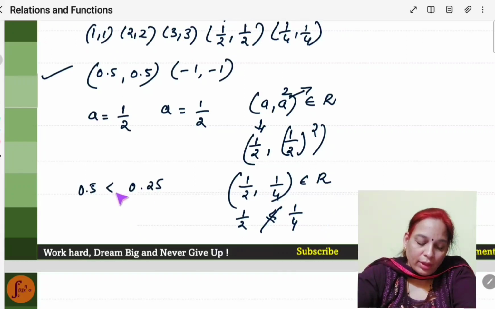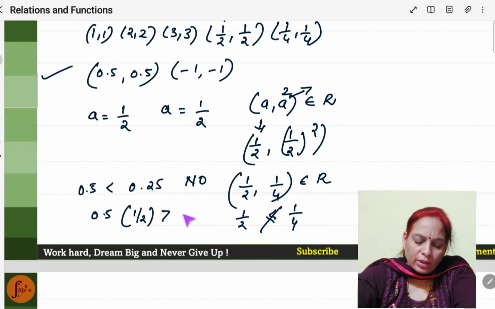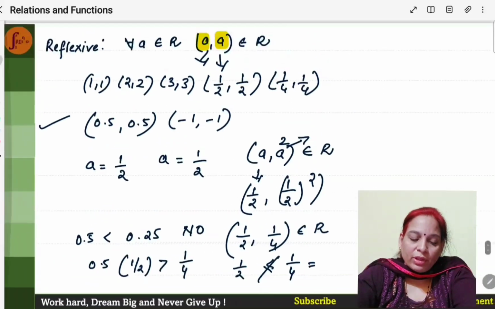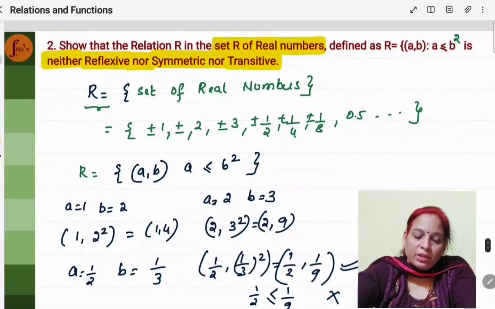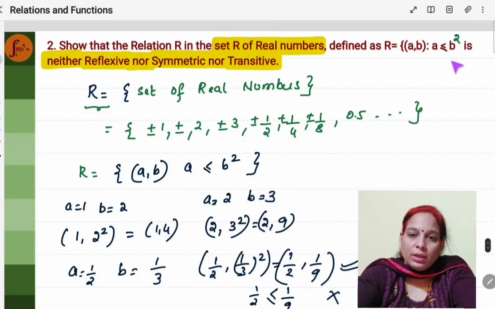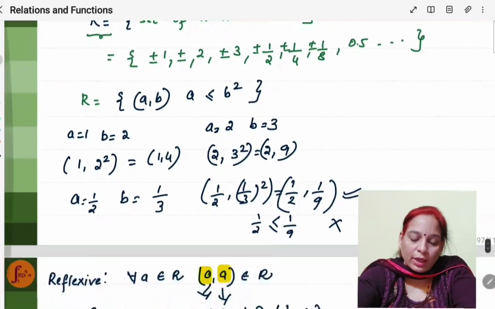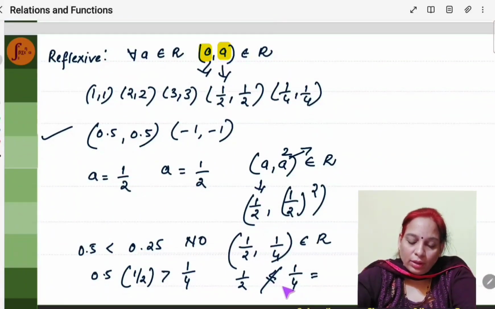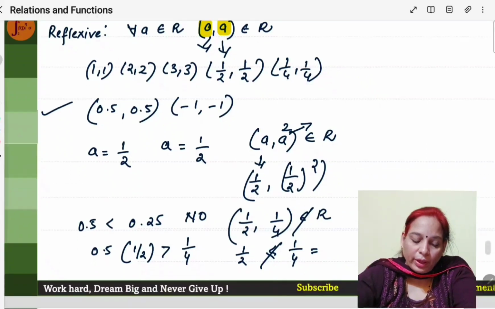Is half less than 0.25? No, right? 0.5 or half is greater than 1/4. Therefore, this does not satisfy the relation at all. The relation that is given, first element should be less than or equal to the square of the second element, does not get satisfied. Half is not less than 1 by 4. That's why this does not belong to R, right?